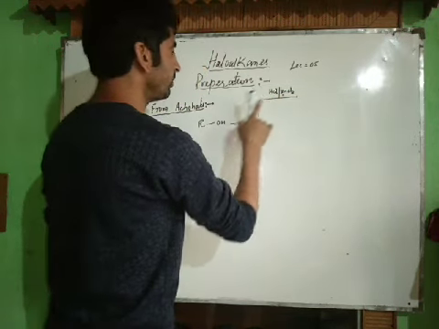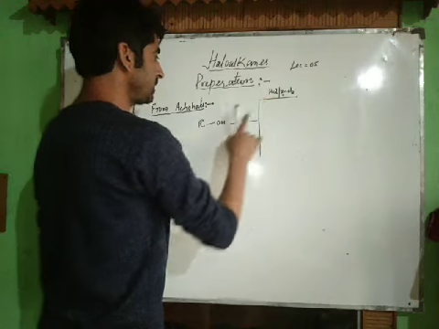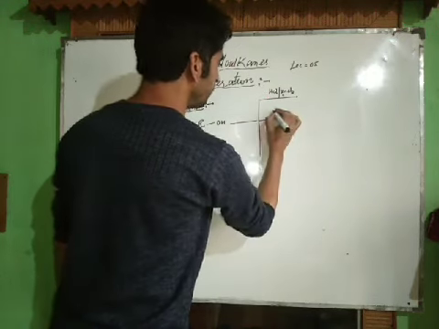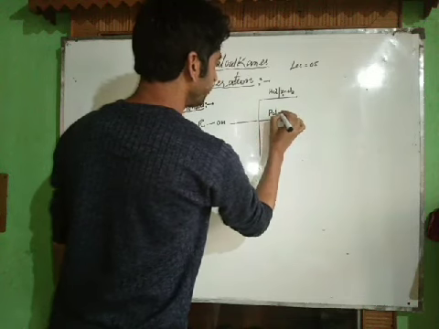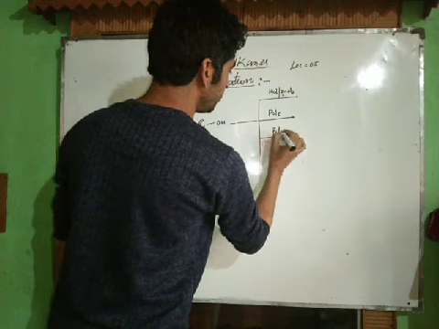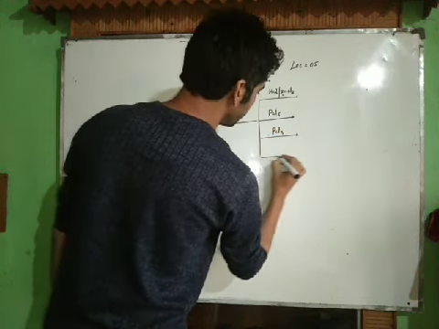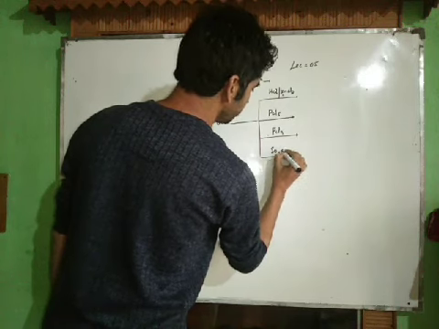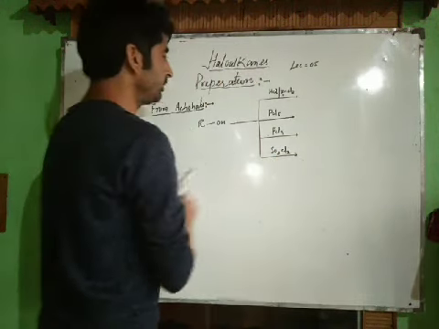We will discuss the mechanism of this reaction. Or by the reaction of alcohol with PCl5, or with PCl3, or with thionyl chloride, SOCl2. This is thionyl chloride.